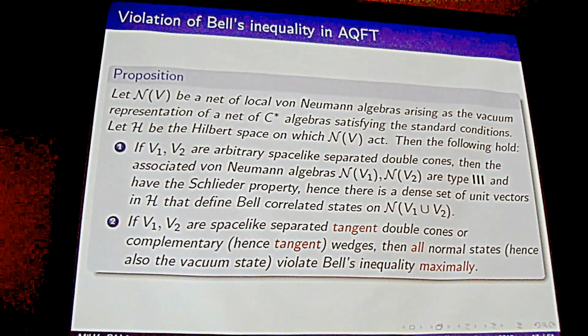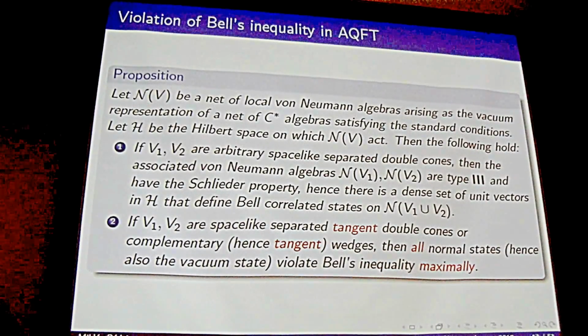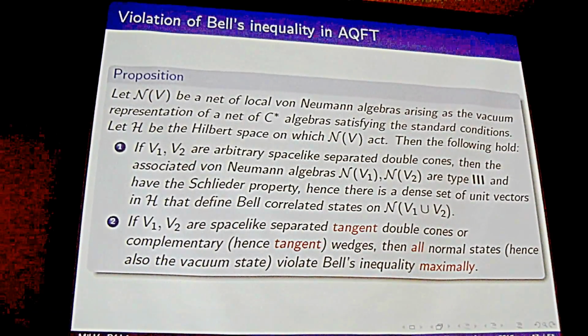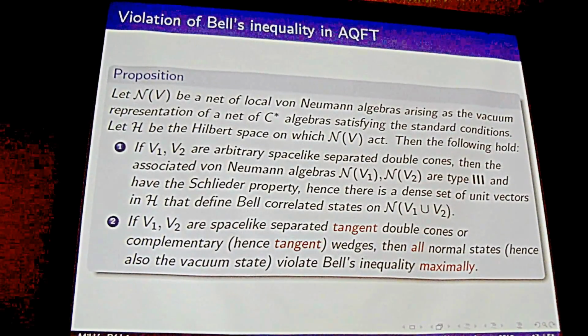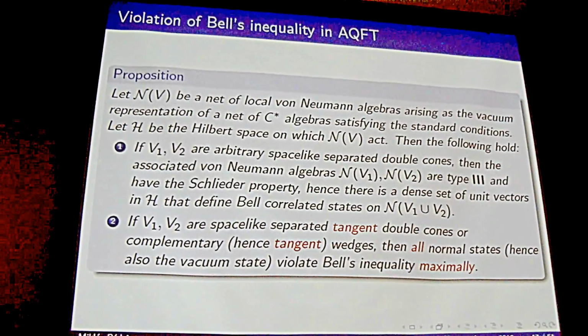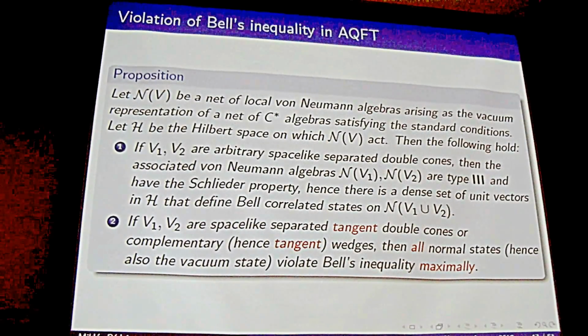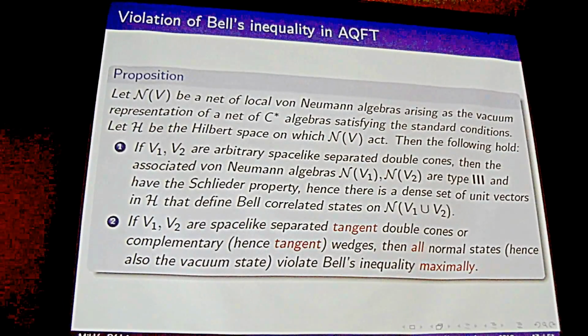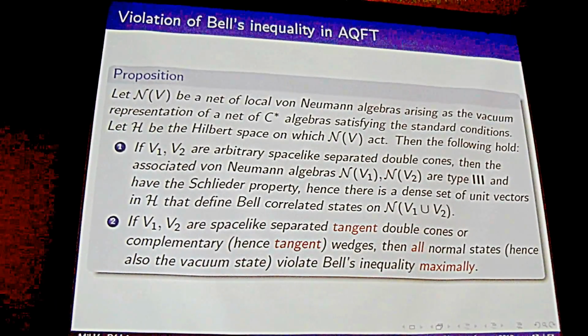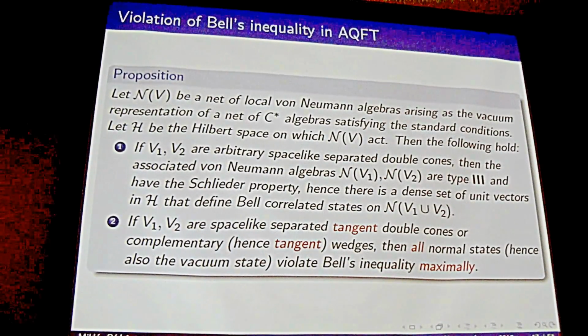Here are the precise statements then. So you assume that there is a net having the standard features, then the following two propositions are true. If you have two arbitrary space-like separated double cones, then the associated von Neumann algebras are type III and have the Schlieder property.